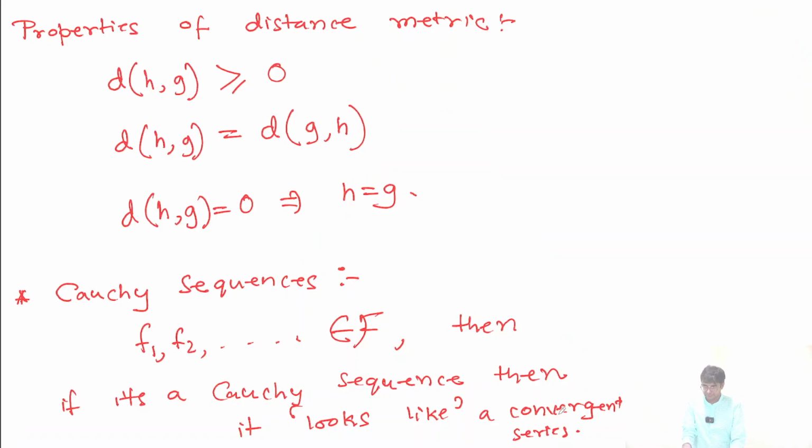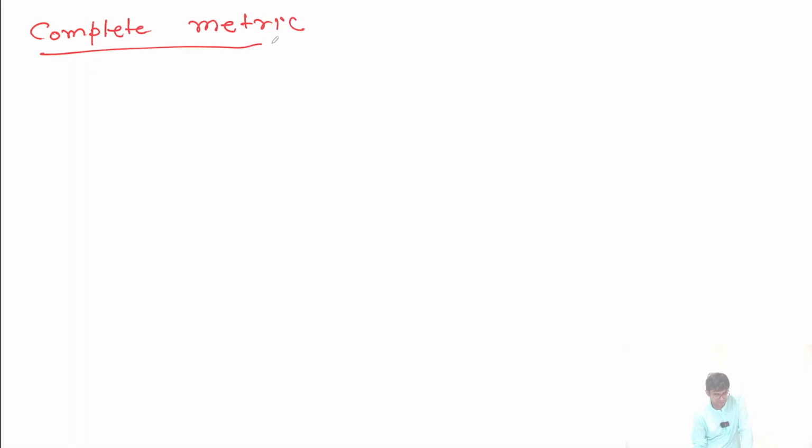Now, where did we start from? Square integrable function, then inner product, then norm, then distance metric, right? And then we talked about Cauchy sequence. Now we will talk about the complete metric space. So in the distance metric space that we define, if you find something like a Cauchy sequence, it will converge.